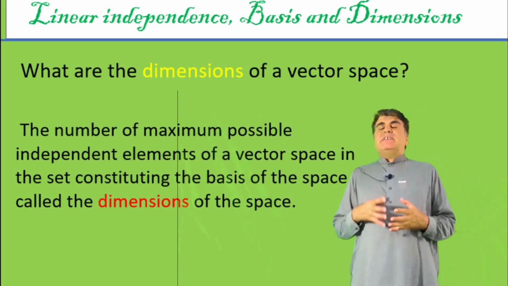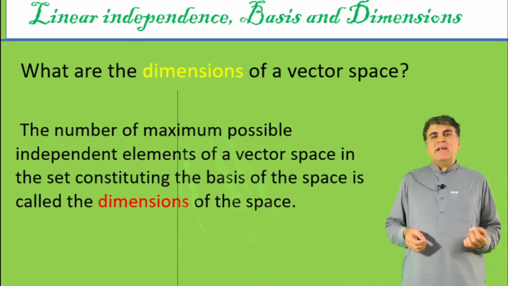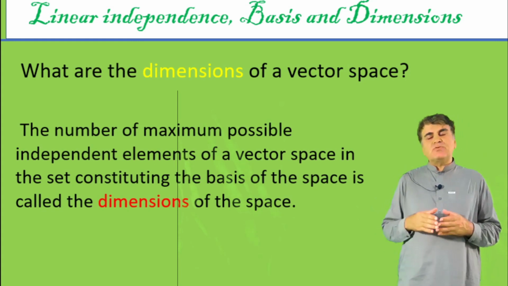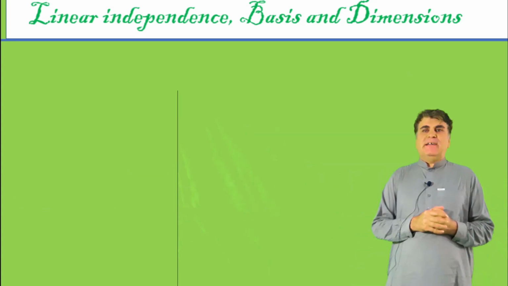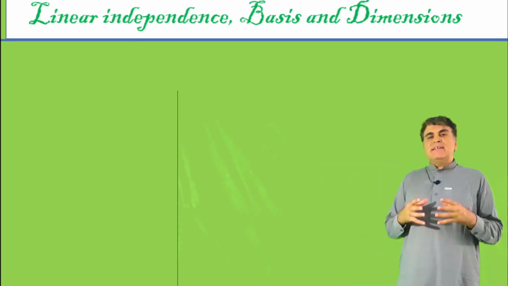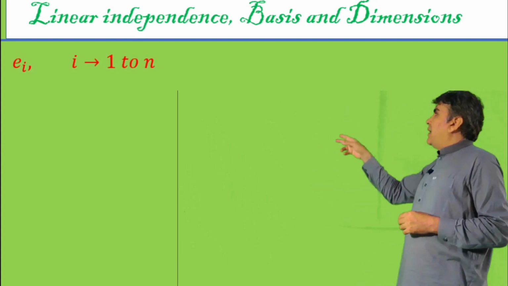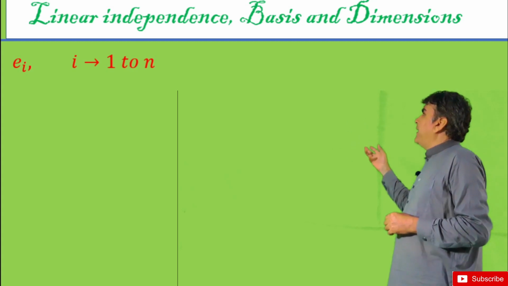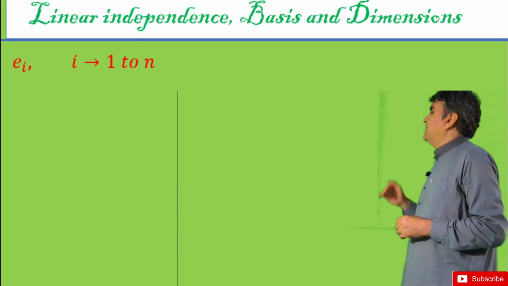Now, irrespective of the structure of the basis vector, it is customary to represent them by an alphabet with a subscript, where the subscript runs over the number of independent elements of the space. For example, we generally write it as e subscript i, where i runs from 1 to n, where n is the total number of elements in the set of bases.